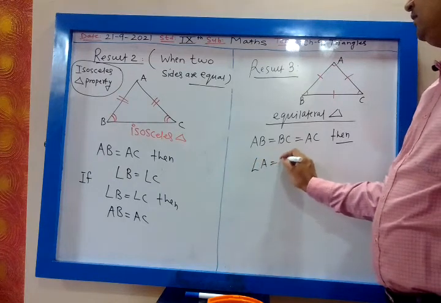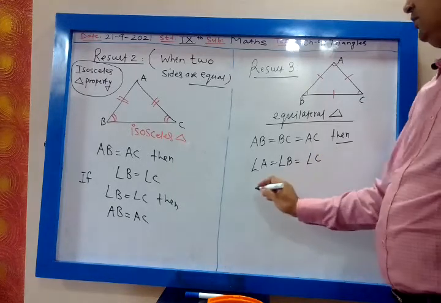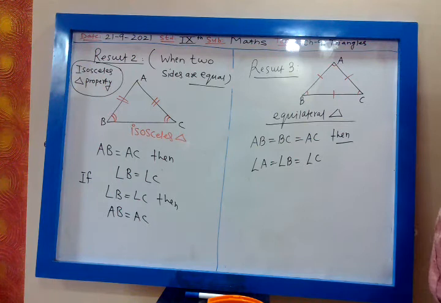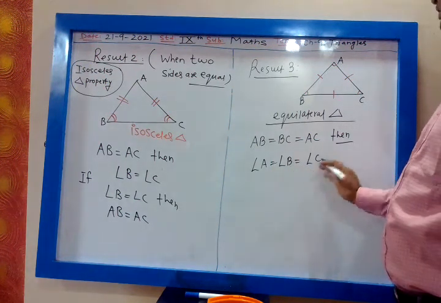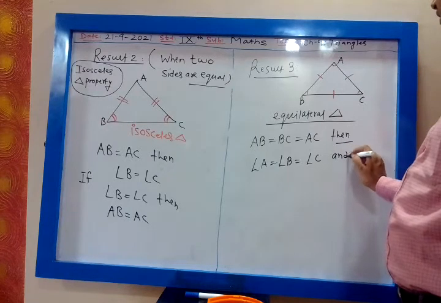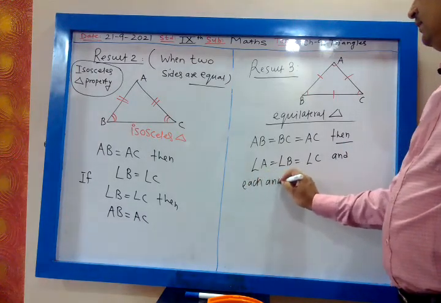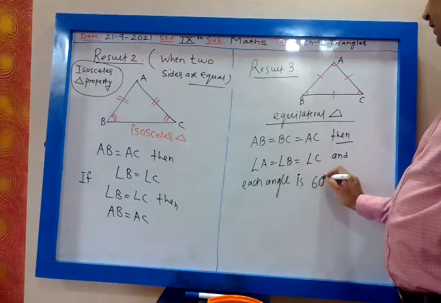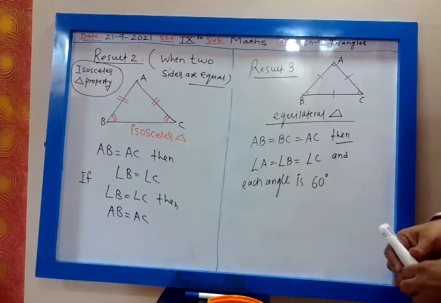Angle A is equal to angle B is equal to angle C, all are 60 degrees. Chalo, let me write. And each angle is 60 degrees.